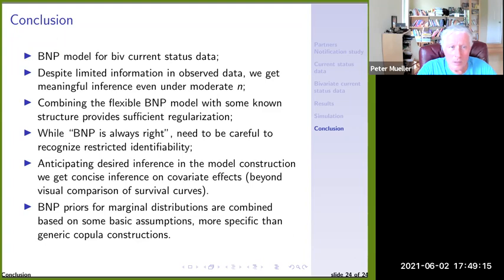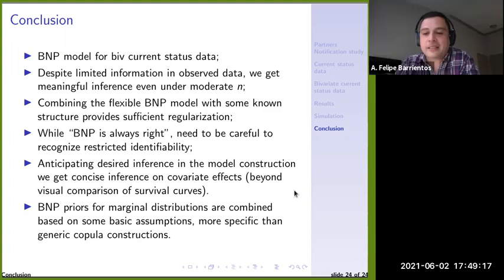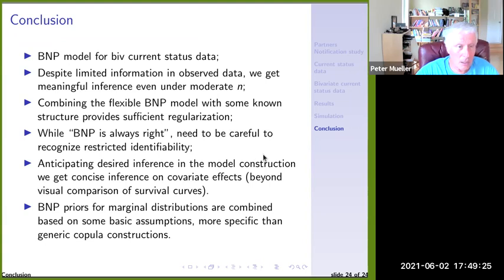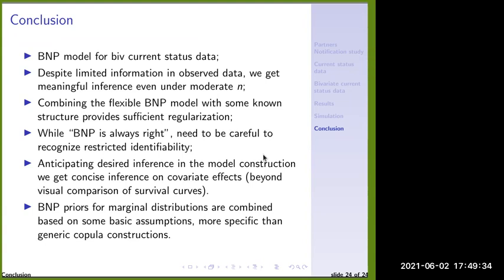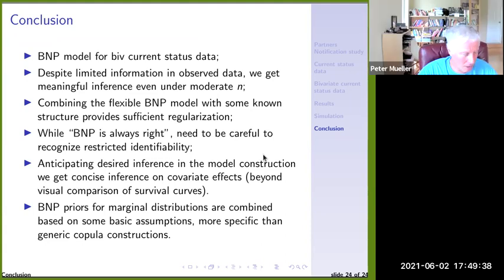Luis Enrique asks, don't you have problems when using normals for positive variables? Quick answer, yes. Longer answer, it doesn't matter. We did actually try at one time to use log normals. Log normals are sometimes a bit awkward because they imply maybe a little bit too much skewness on the original absolute scale.